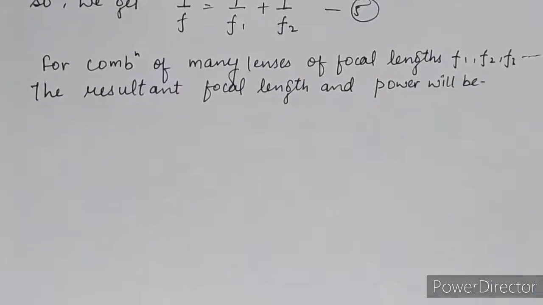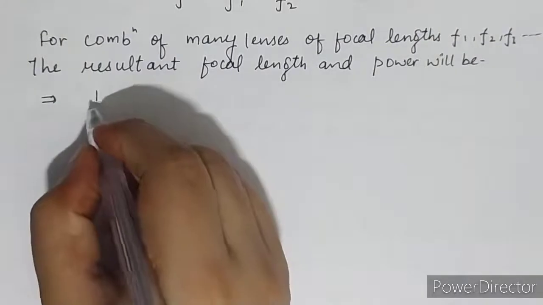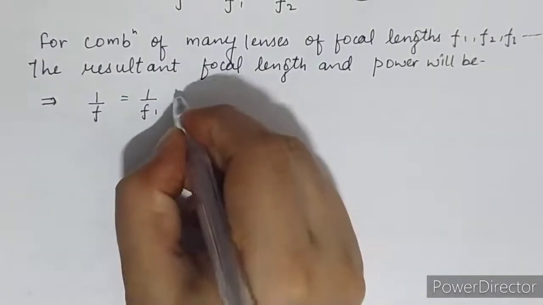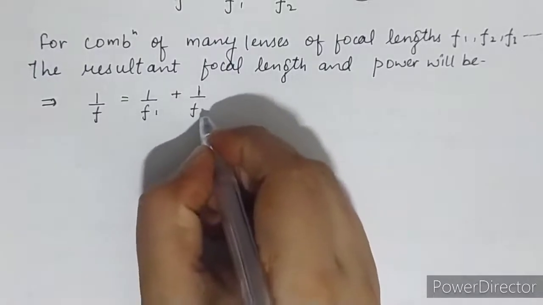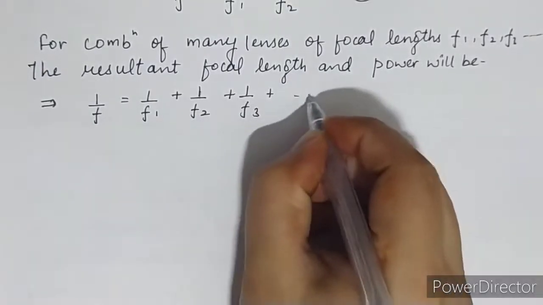The resultant answer for this is 1 upon f is equal to 1 upon f1 plus 1 upon f2 plus 1 upon f3 and so on.